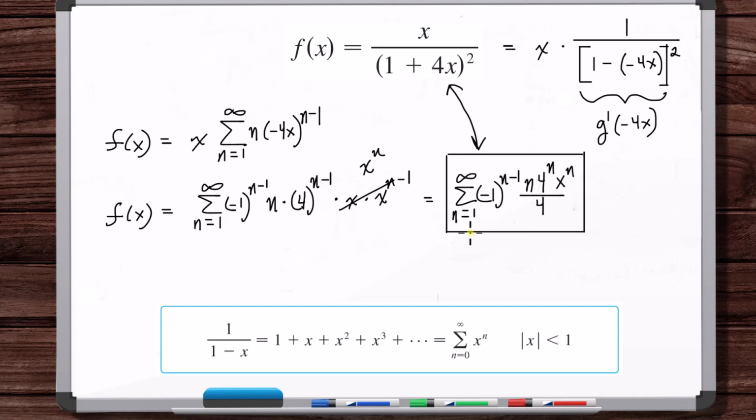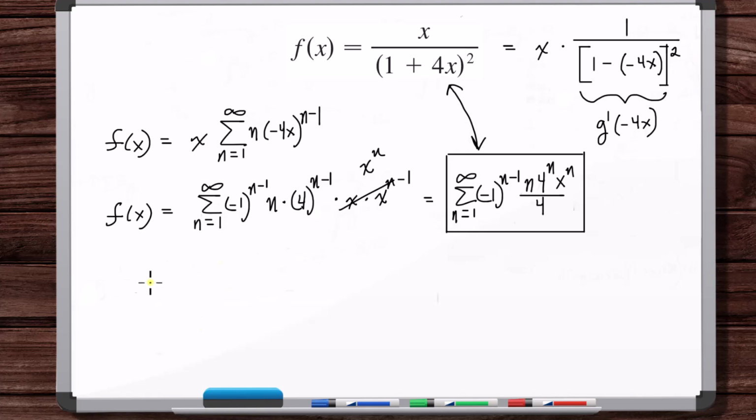Now, we just need to determine the radius of convergence. So since we multiplied by this x, we don't know, we have to check. It's not a big deal. We're just going to need to do the ratio test. So, okay.